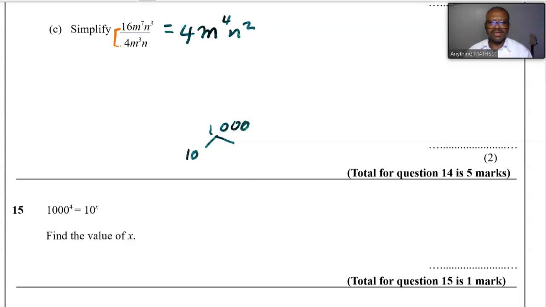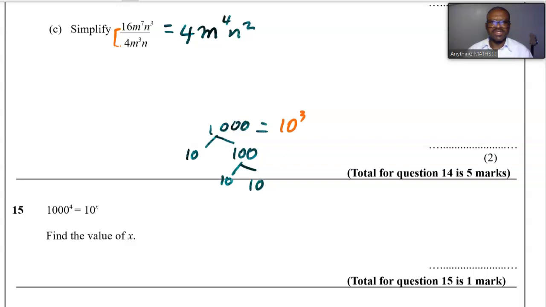10 goes into 1000 100 times, and 10 goes into 100 10 times. The reason why I'm using tens is the fact that I want to make the base also 10. So it means 1000 also can be written as what? 10 raised to the power 3.